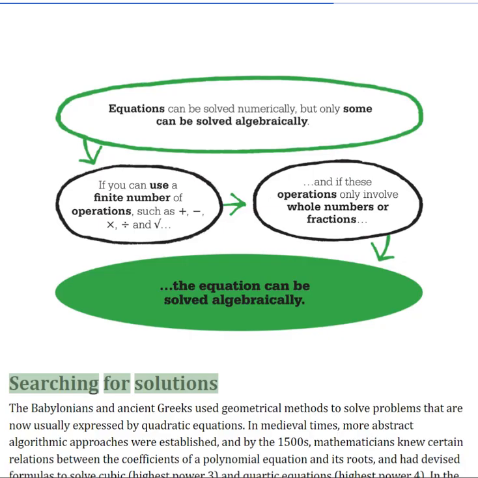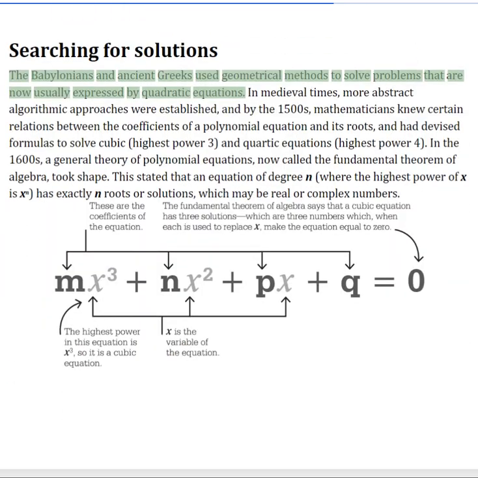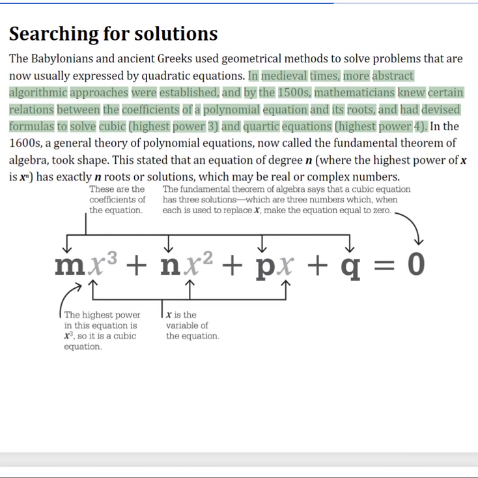Searching for solutions. The Babylonians and ancient Greeks used geometrical methods to solve problems that are now usually expressed by quadratic equations. In medieval times, more abstract algorithmic approaches were established, and by the 1500s, mathematicians knew certain relations between the coefficients of a polynomial equation and its roots, and had devised formulas to solve cubic and quartic equations.